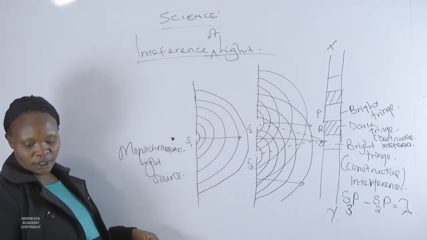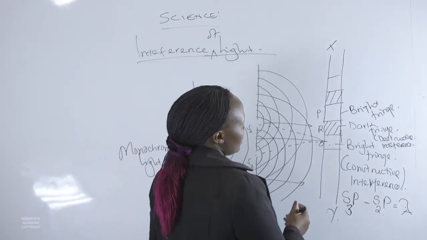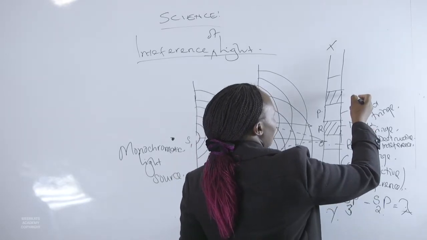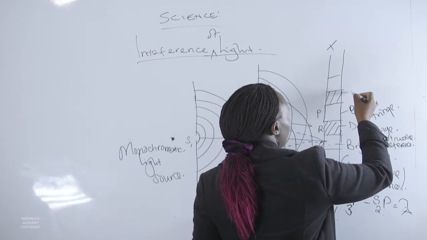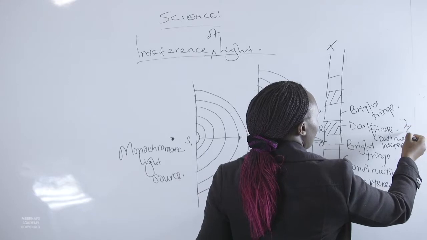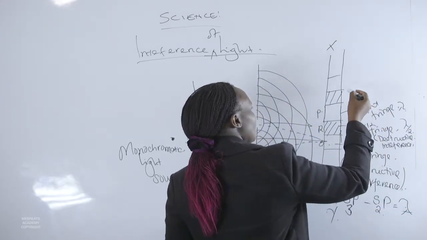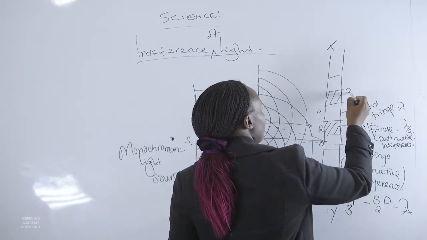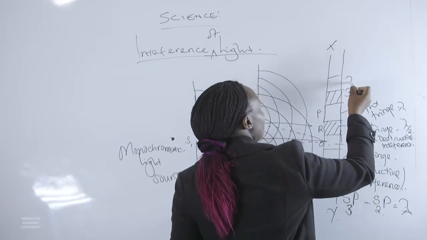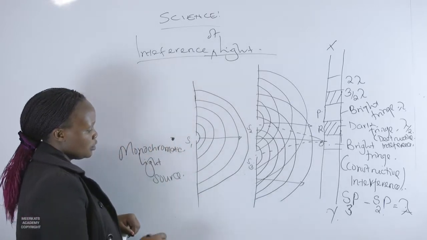Now, there are some things that we need to note here: the dark fringe will be formed where the first dark fringe is formed at lambda over 2, here is lambda, then we have 3 over 2 lambda, then we have twice the wavelength, and the pattern continues.